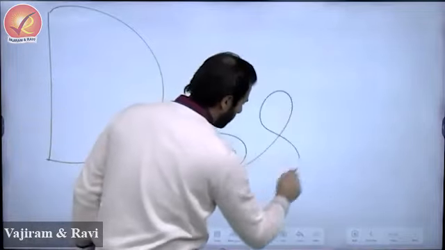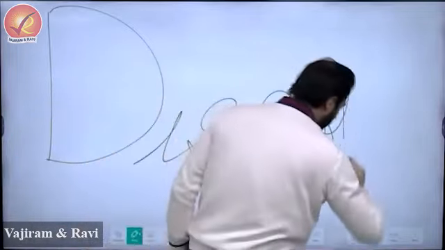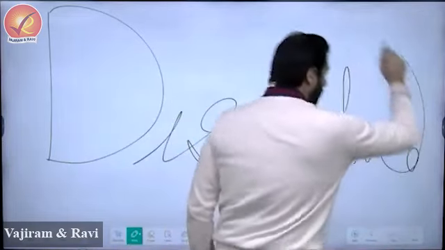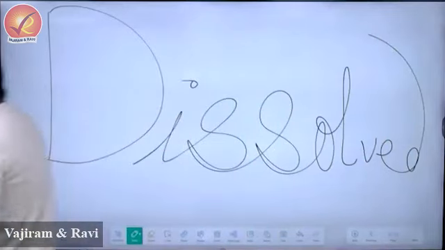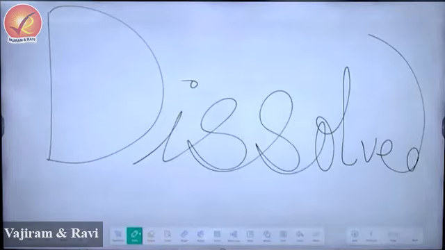If the legislative assembly of a state has been dissolved, underline it one time, two times, three times, four times, let the paper rip off. Very important as a term.